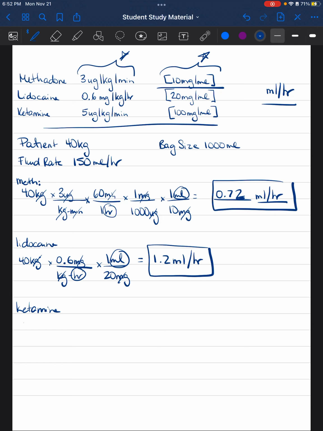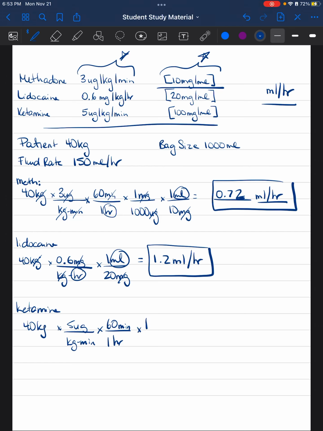So the ketamine, again, we've got 40 kilograms times 5 micrograms. This one's in per kilograms per minute again. So we're going to have to put in those conversion factors, converting the minutes to hours. Okay, so 1 hour. And then again here, we've got our doses in micrograms, but our concentration is milligrams.